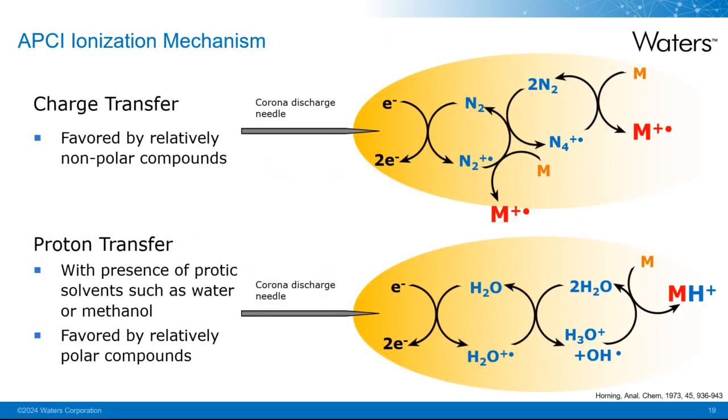The two main mechanisms for APCI ionization have been outlined in detail in the paper referenced below by Horning et al. The first is a charge transfer mechanism, which is particularly useful for the analysis of non-polar compounds, and the second mechanism is proton transfer, which is the main ionization pathway associated with APCI in LC-MS.